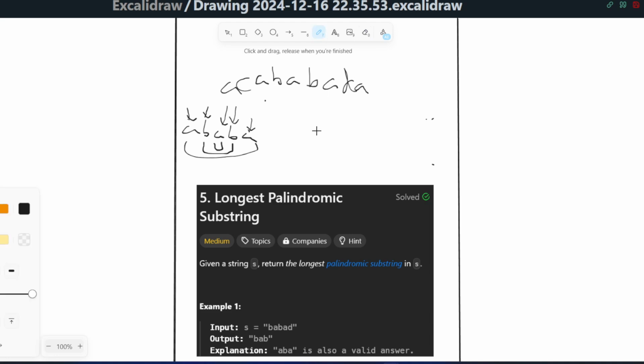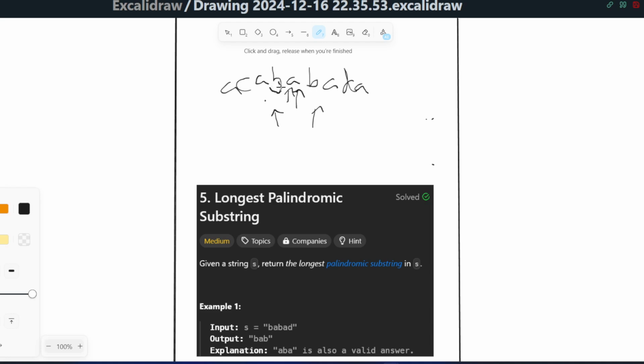So the idea for removing the repeated calculations is to start at the center and then move your pointers outwards. This way you don't need to repeatedly calculate the substrings. If I put my two pointers here, I would start moving them outwards. A is a palindrome, so I'd move them outwards and check if BAB is a palindrome.